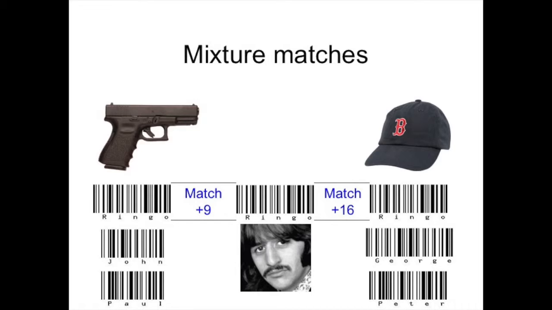And Ringo's barcode is matching one of the 3 hat genetic types or barcodes that have been pulled out by the TrueAllele computer. That number is +16, which is 1 followed by 16 zeros, about 10 quadrillion. So there's a very strong match, and so now it's clear there's one individual who's contributed his DNA to both of these items.